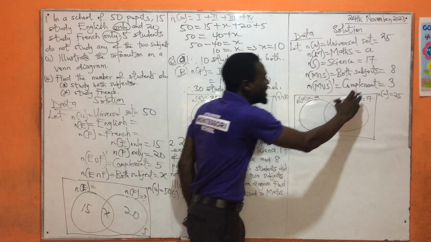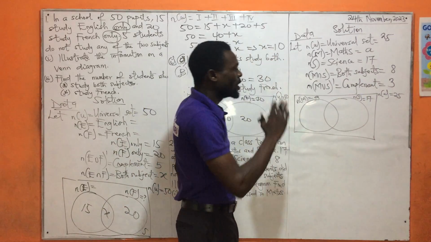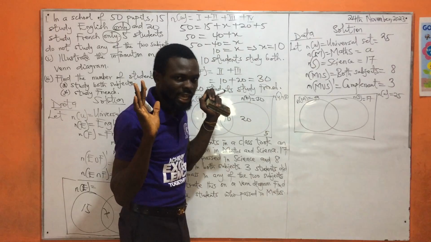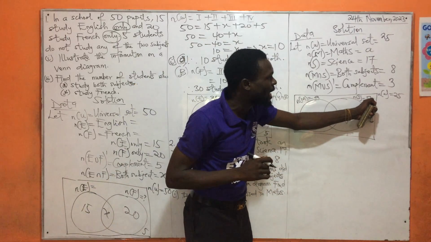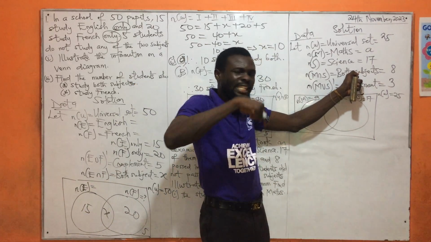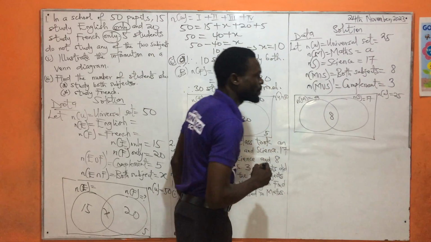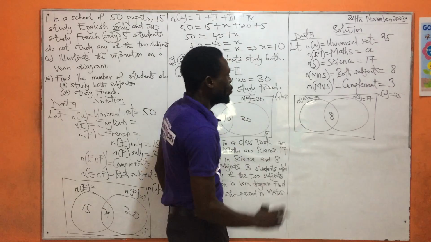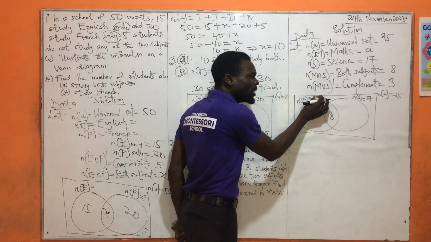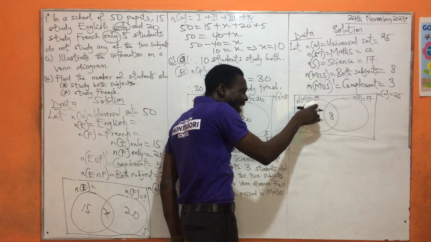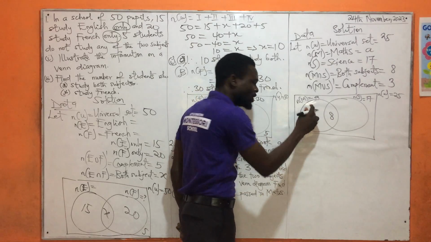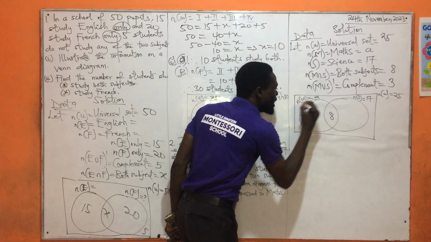Good. Now, the 17 that passed science, they are not only, as I was saying. So we will write it here. But we have the intersection, which is both subjects, as 8. So we are going to write our 8. What did we say? We said that if the number is written at the top here, drop it inside the region and subtract the intersection.